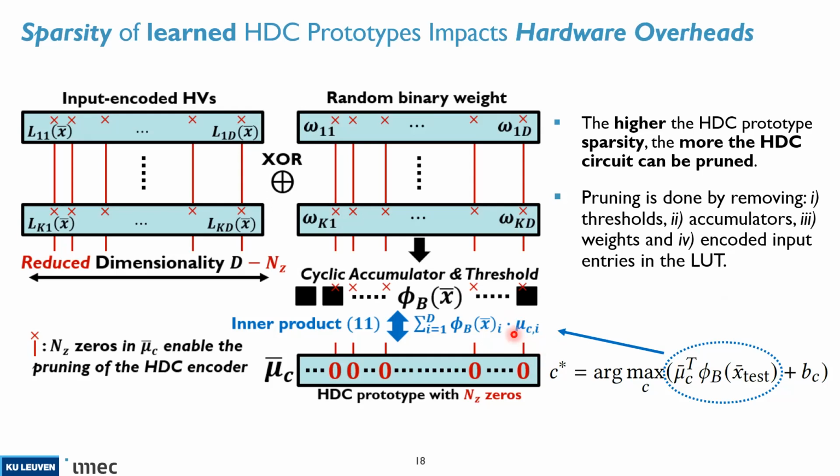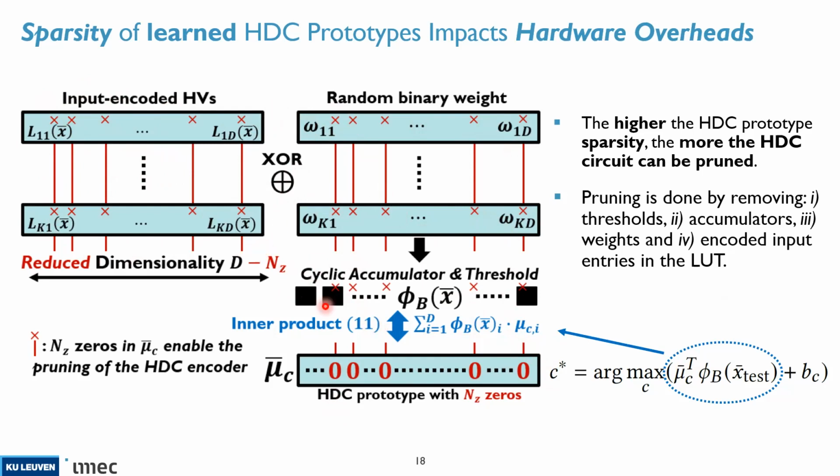But it goes even further than that, because as you see in the complete encoder, the lookup table here, and also these random weights where we were doing the element-wise XORing, every entry that will eventually be multiplied with a zero value can be skipped, because at the end it will be multiplied by zero and not play a role in the result.